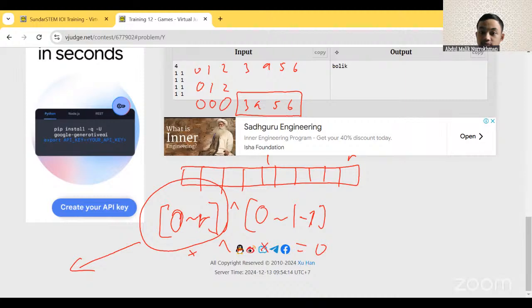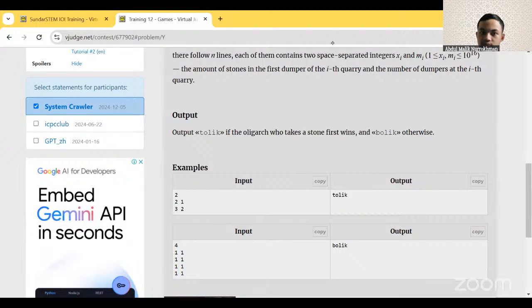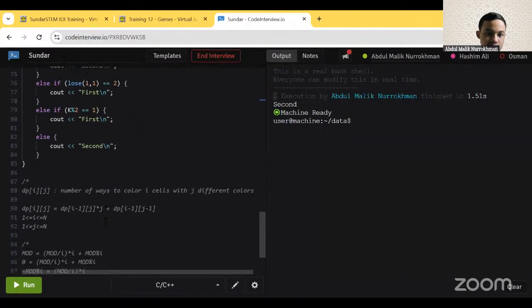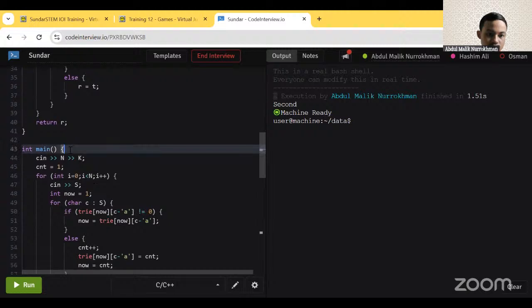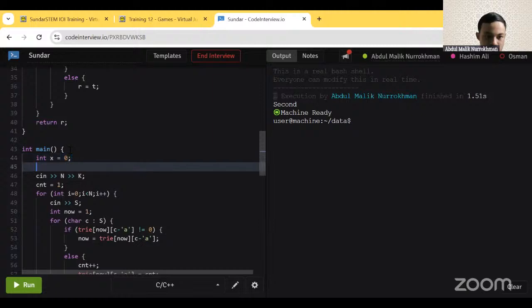One of the tricks is to see the pattern. So just write a code. Let me show you. Just write a code to output all of the prefix and then just see the pattern. Let's compute until 20.